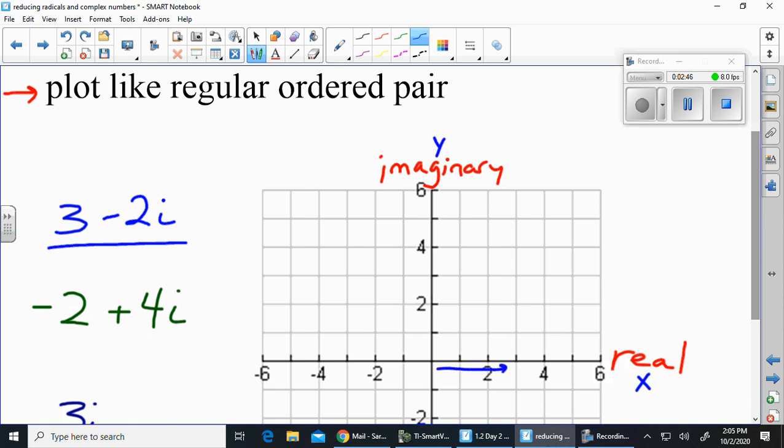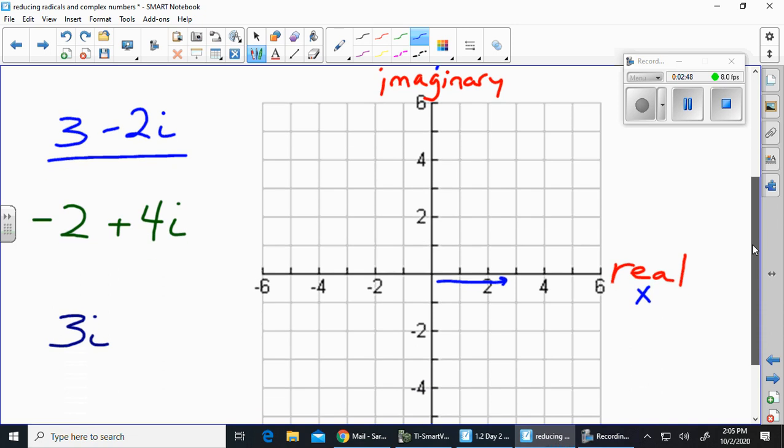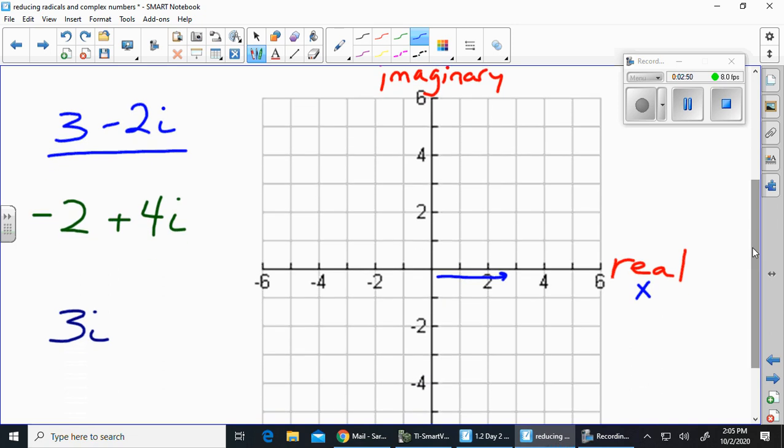My imaginary part is negative 2. That's up and down. It's negative, down 2. That is 3 minus 2i. Negative 2 plus 4i. I'm going to go left since it's negative, imaginary up since it's positive. Negative 2 plus 4i. Done.